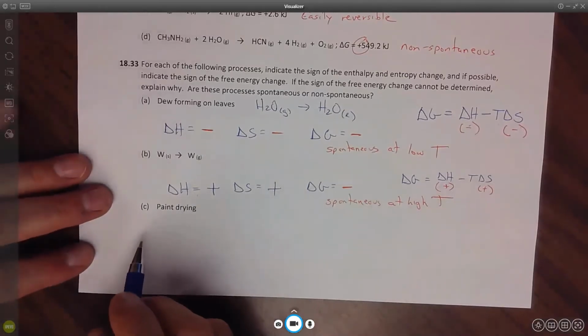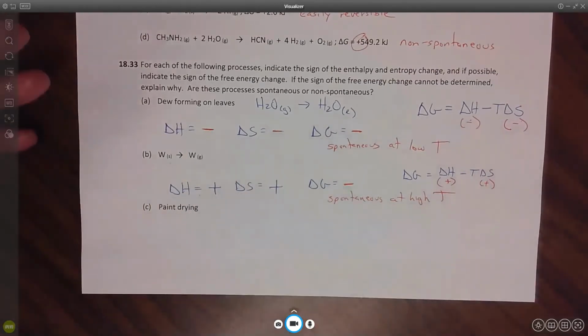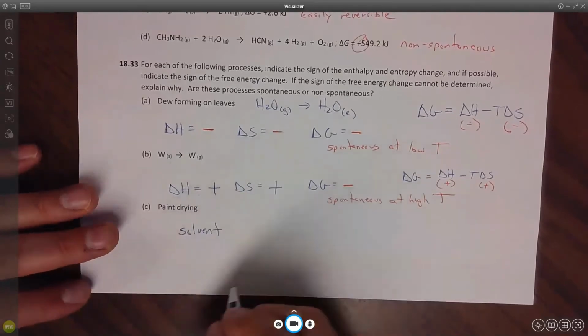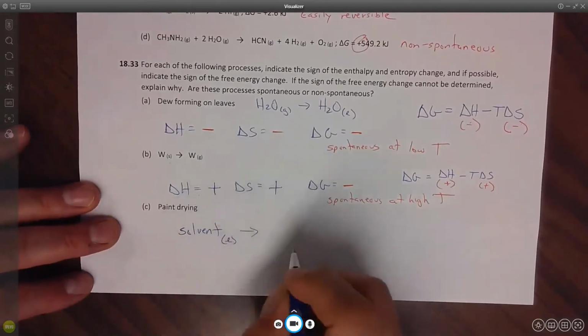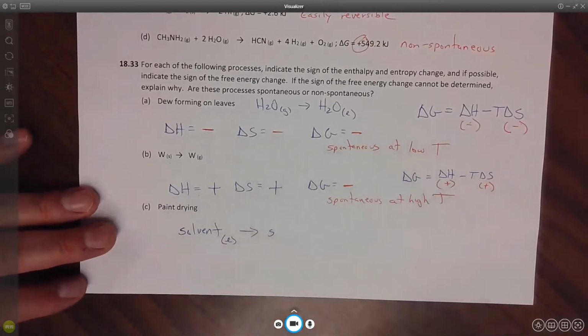Okay, paint drying. What chemical reaction are you going to give for paint drying? It'd be paint going from a liquid to a solid state. Okay, so I could write water if it's water-based paint, or whatever solvent molecule it is, going from a liquid and evaporating off to form what?